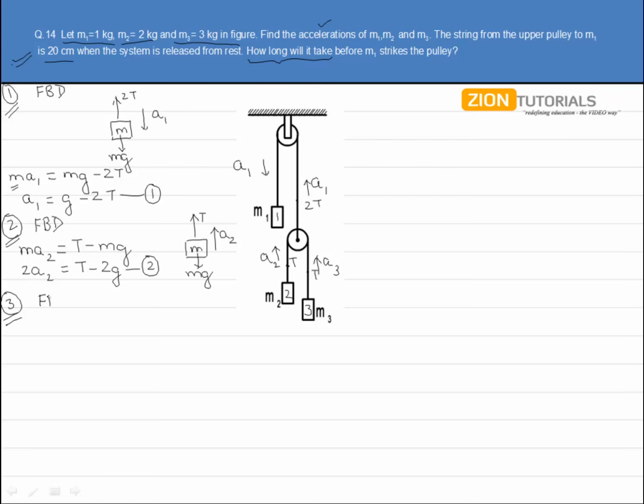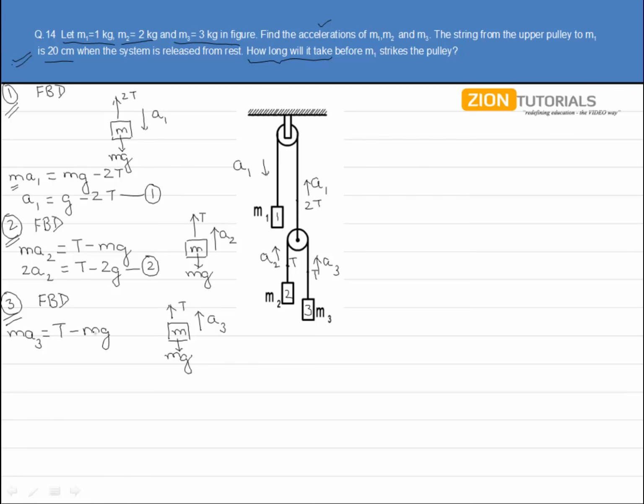Drawing the free body diagram for this block, we have a block of mass m having an mg force in the downward direction, a tension in the upward direction and an acceleration of a3 in the upward direction. So we can frame the equation as m a3 equals T minus mg.